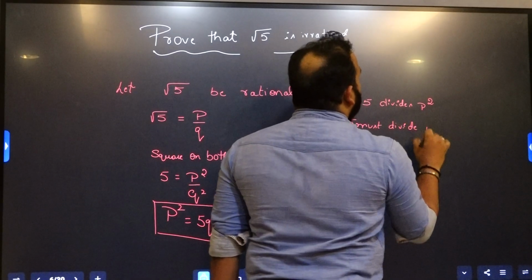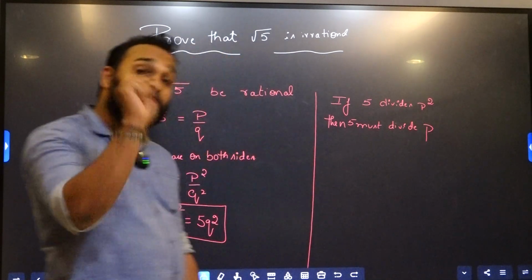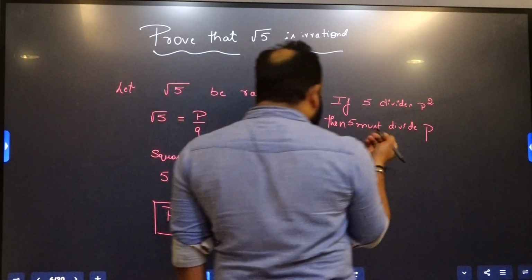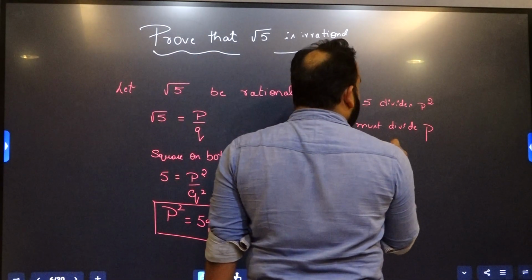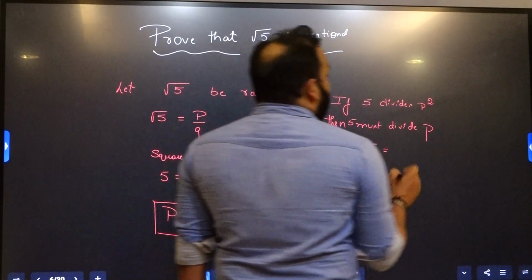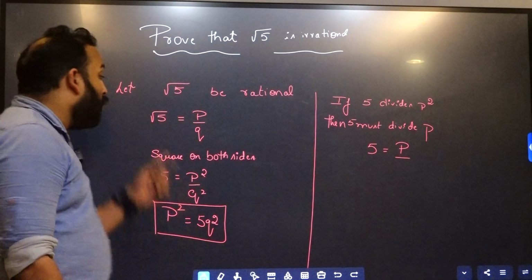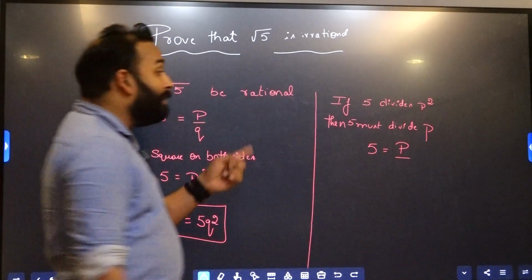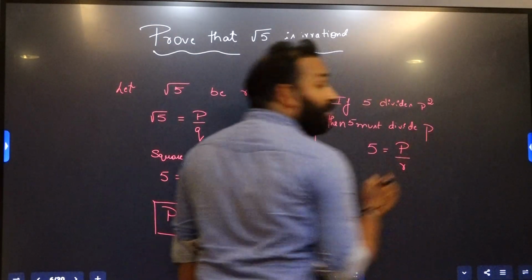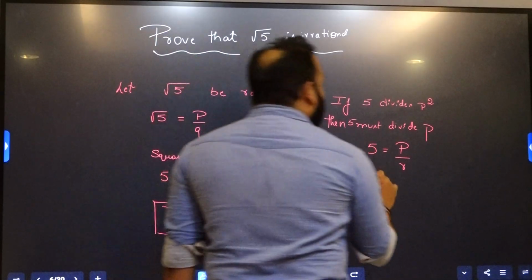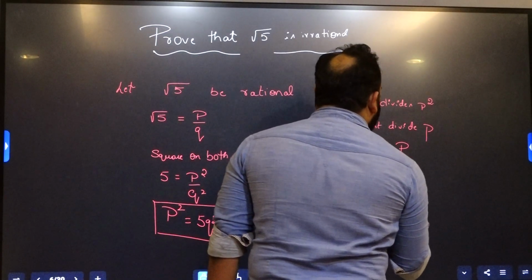This all of us know. If 5 divides p square, then 5 must divide p. In that case, if it is dividing p, what do you write? I can write p by 5, but it will not be the same factor, right? It will not be q square. No, it will be some other factor r. In that case, what do you get? You get p is equal to 5r here.